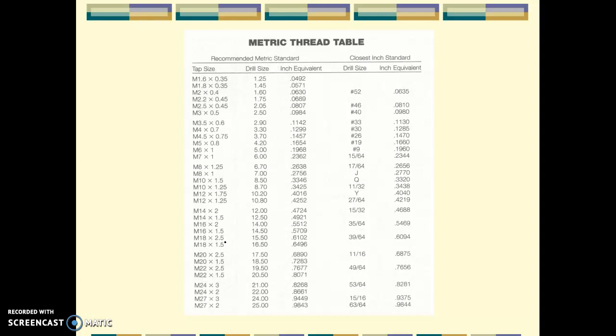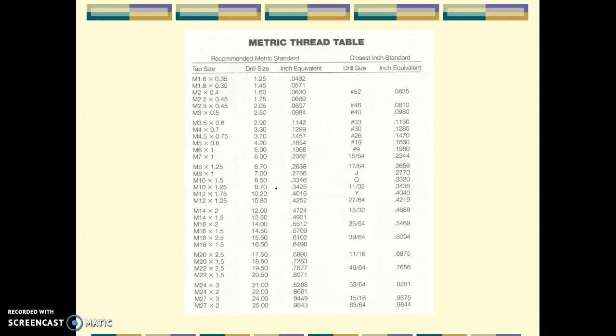The second number indicates the pitch. How big is one thread? And again, in the smaller size threads, we are going to see some fractional portions of a millimeter. But once we get up to the bigger sizes, we tend to see just either whole numbers or maybe half millimeter sizes for those pitches.